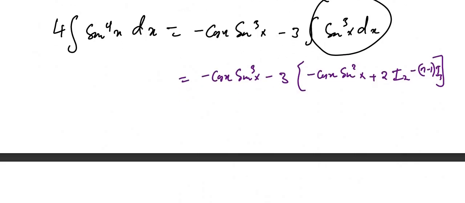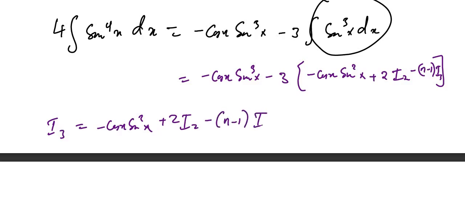If you solve this part, because we're saying I_3 is equal to what we've gotten there, which is negative cos x sine squared x, plus 2 I_2, minus 2 I_3.